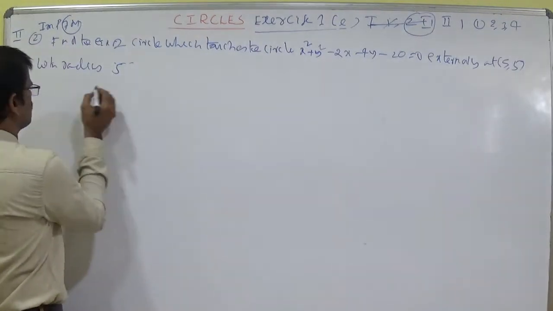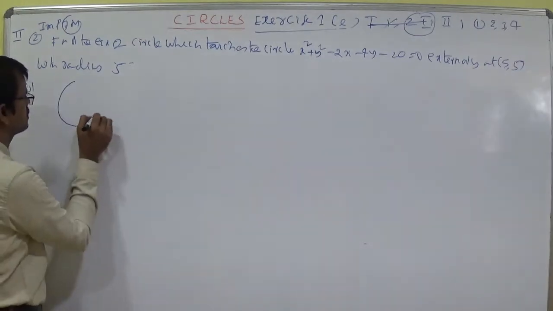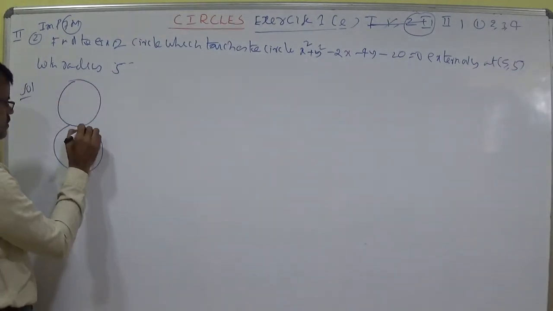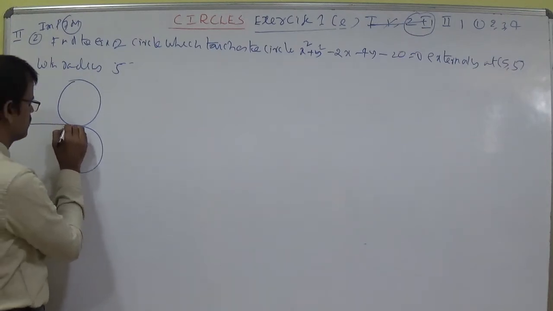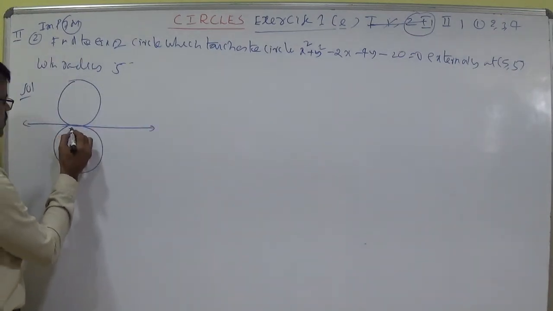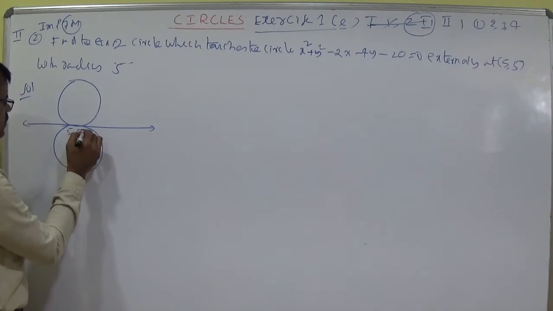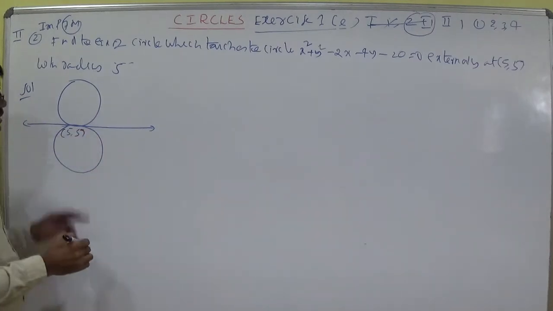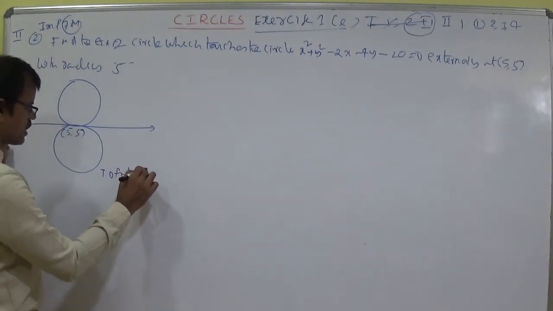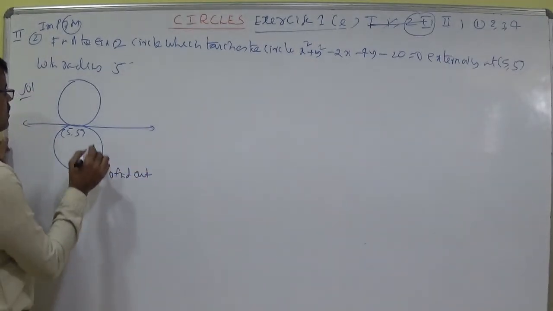Let us draw the diagram, then you can understand. Like this you draw. This is 5 comma 5, so at 5 comma 5 it is touching. The circle we should calculate is to be found.